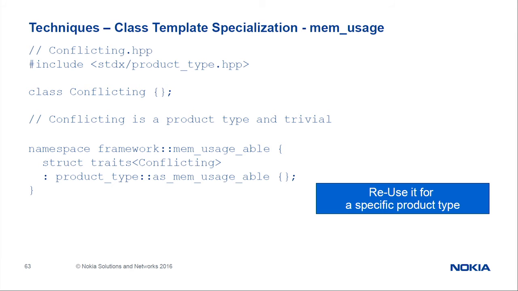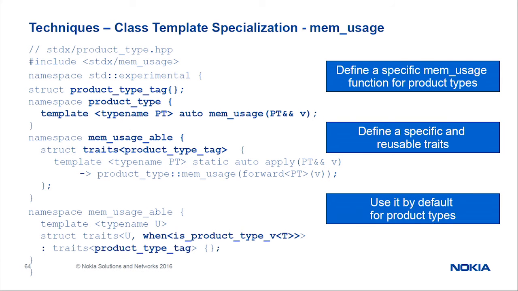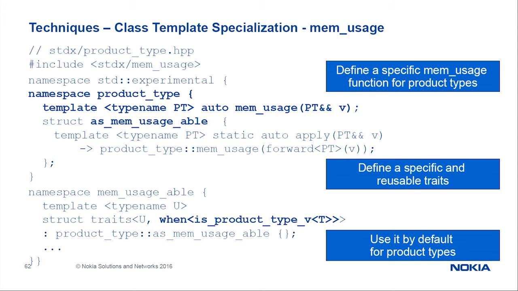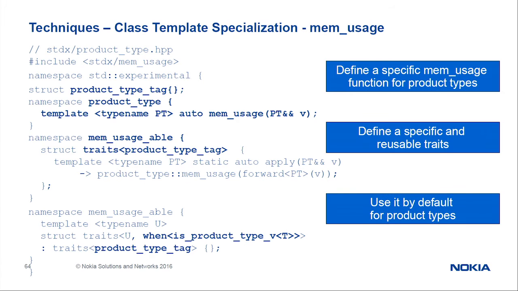I want to use this customization. We can use tags so that instead of having a different name, as here, as mem usage, we can use some tags so that we name it thread the product type tag. I am not sure it is something that helps the understanding.